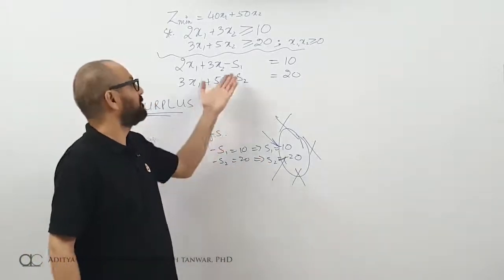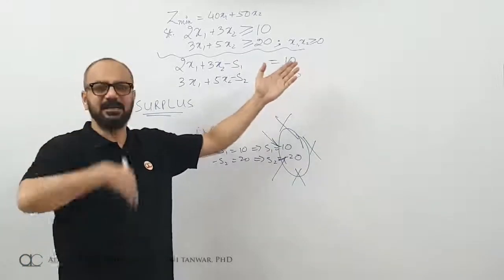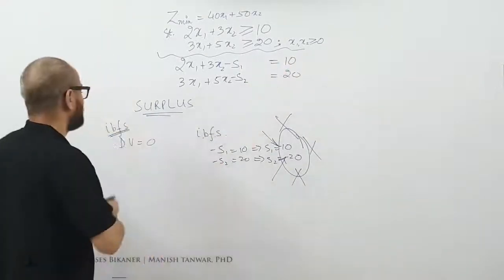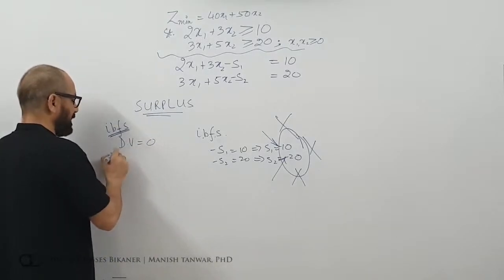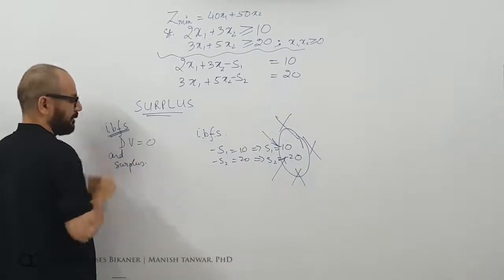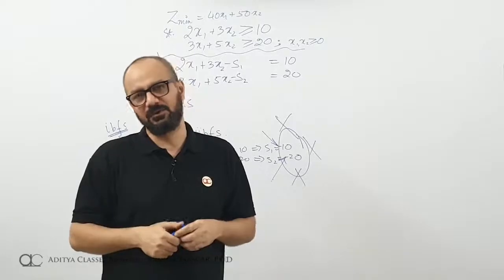But in this case, obviously minus S1 will become equal to 10. So in order to avoid this negative start, remember we used to make this condition always decision variables and surplus. All decision variables and surplus variables should be equal to 0.